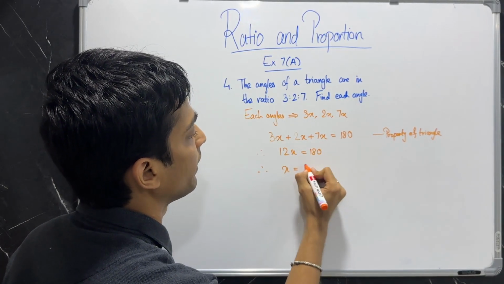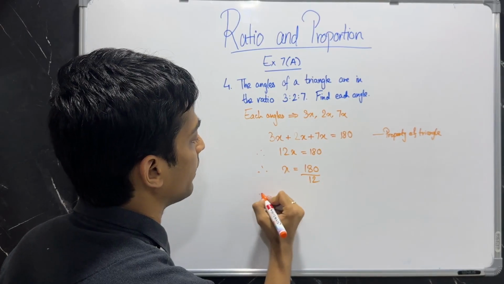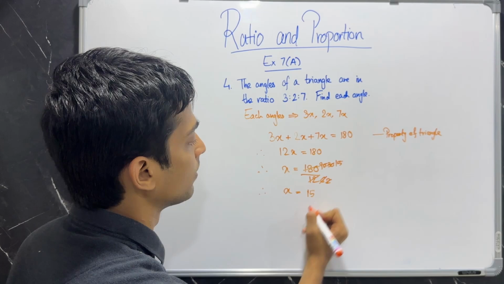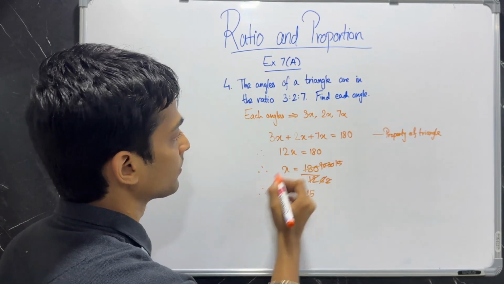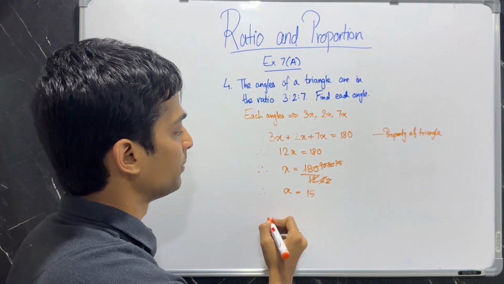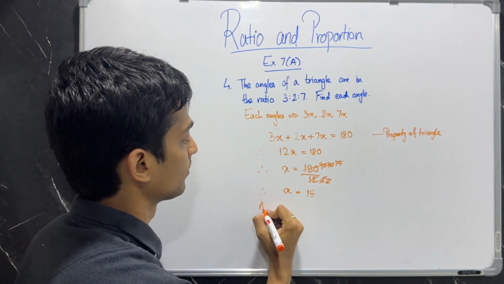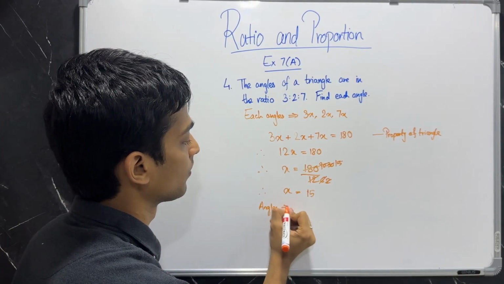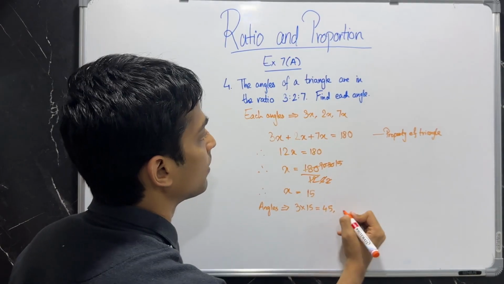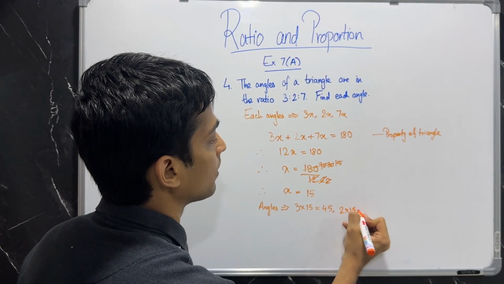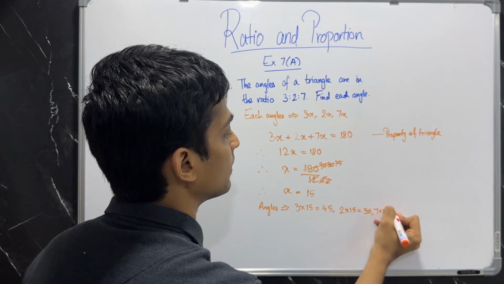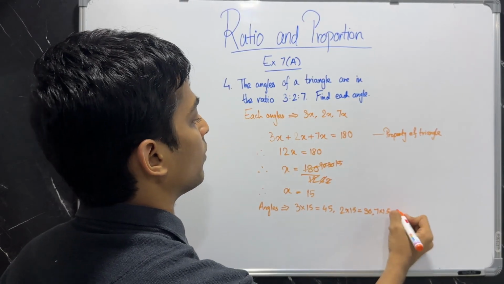Therefore x is equal to 180 upon 12, therefore x is equal to 15. So the angles would be, we just have to multiply 15 with all these 3 terms: 3 into 15, which is 45, 2 into 15, which is 30, and 7 into 15, which is 105.